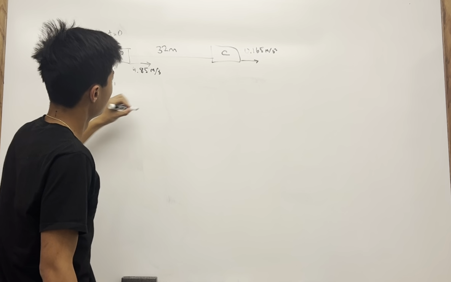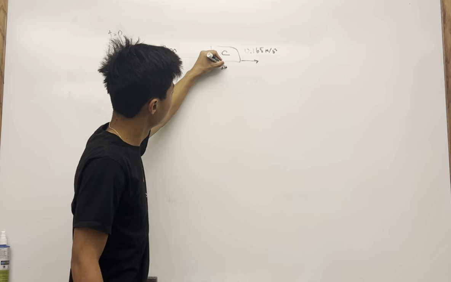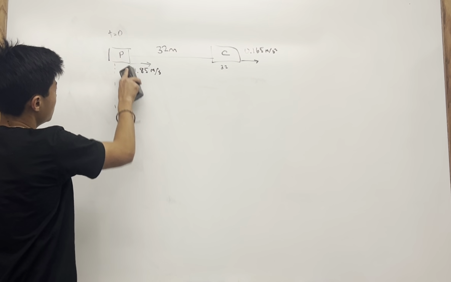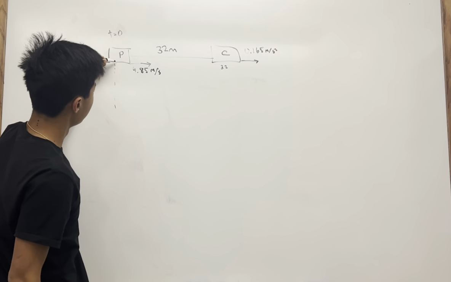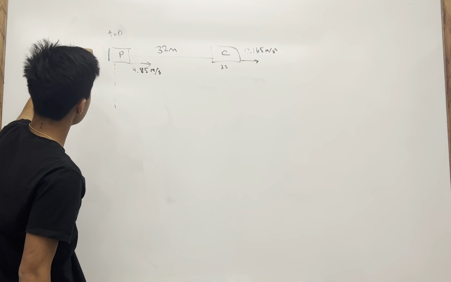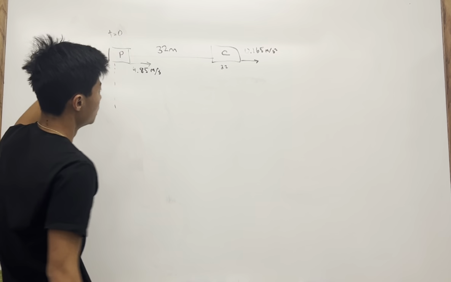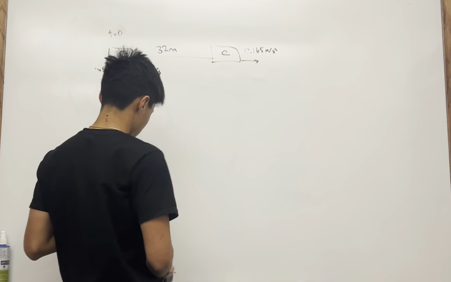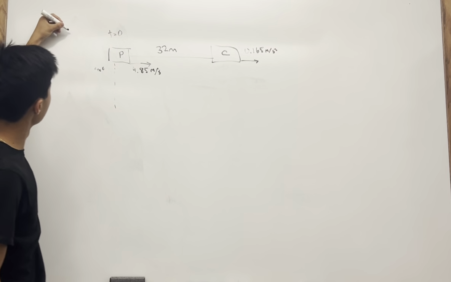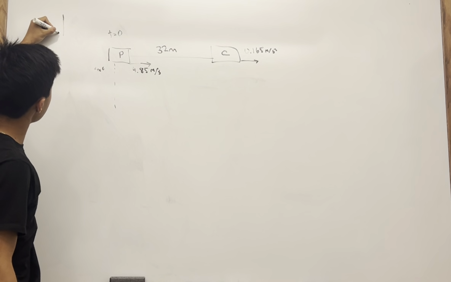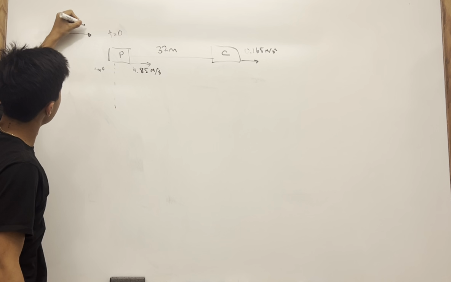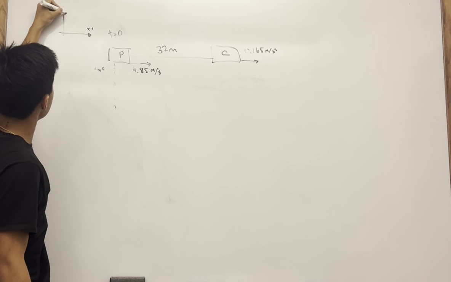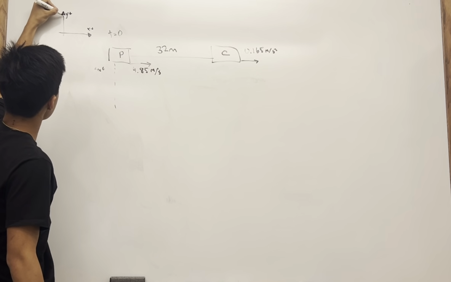Right now, this is at 32, this is at 0. Because this is 0 meters away from the reference point, x ref. And this is 32 meters away from our reference point. So we can show that by setting our axes. We say that this is the positive x direction, and this is the positive y direction.